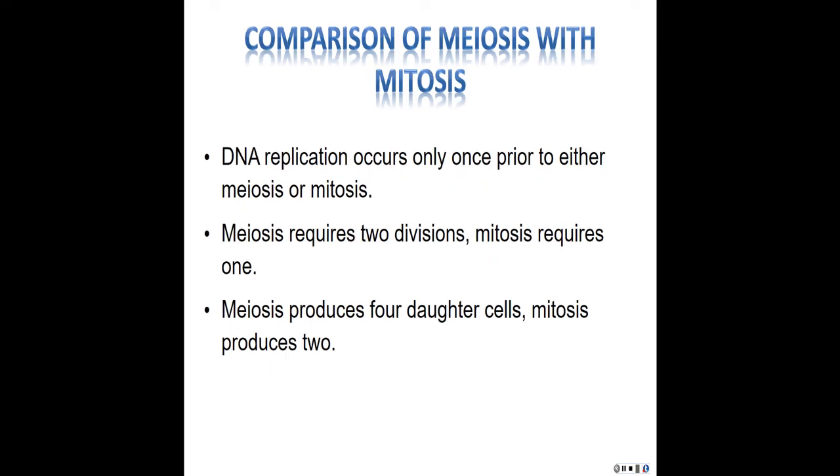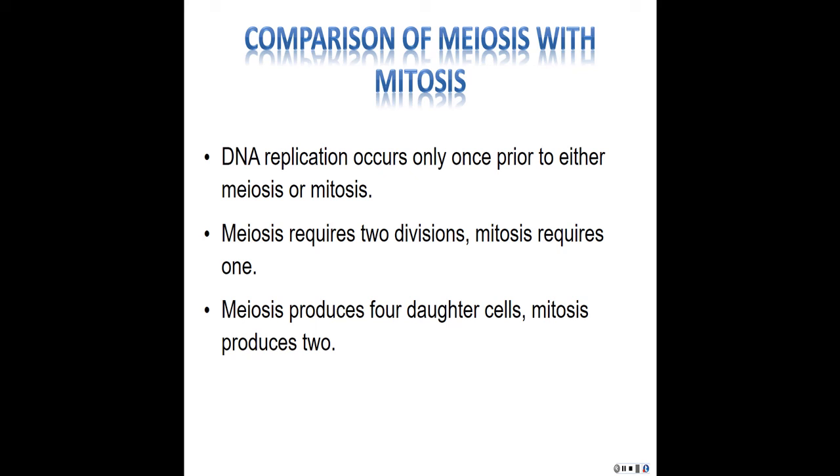All right, so that concludes meiosis. Now we're going to talk just briefly about comparing meiosis and mitosis. DNA replication occurs only once before either of these events, meiosis or mitosis. So we have S phase. Meiosis requires 2 divisions, whereas mitosis requires only a single division.